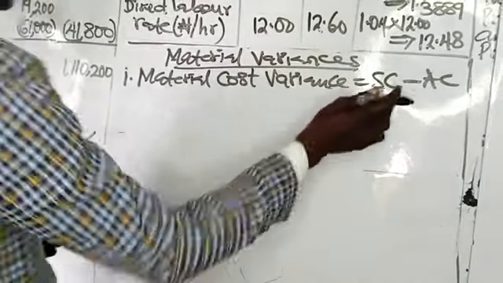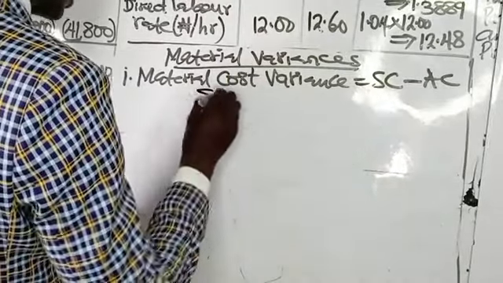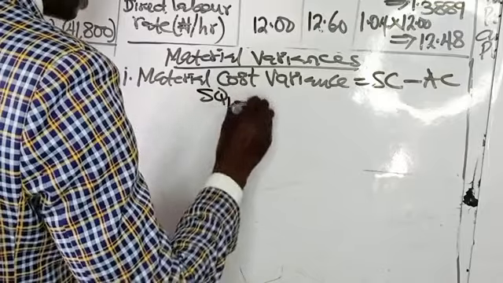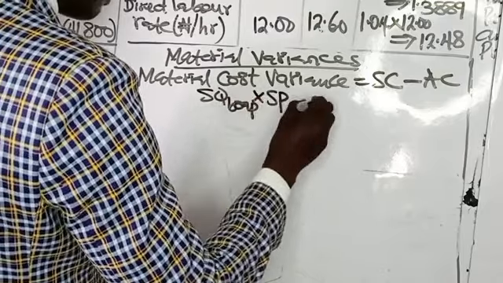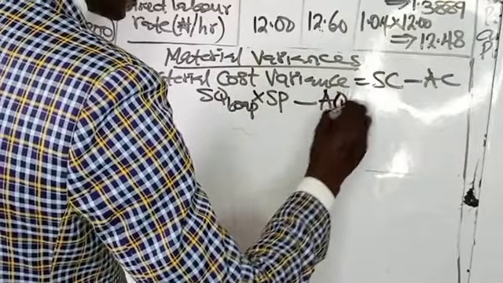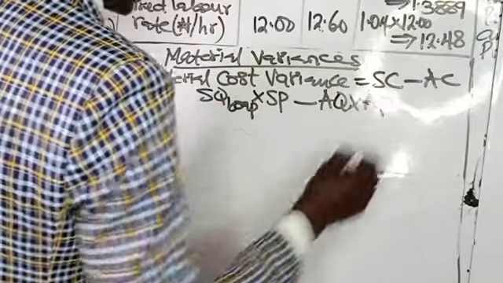And I've told you the standard cost is standard quantity based on actual production times standard price, while actual cost is actual quantity times actual price.